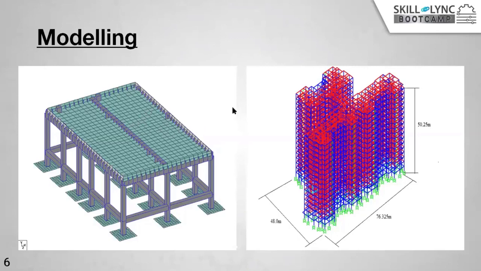If you want to start from scratch, take a simple building with only 4 columns and a single story. Start how you are proceeding with that model in each software. Try it in STAAD.Pro, try it in ETABS, and try it in SAP.